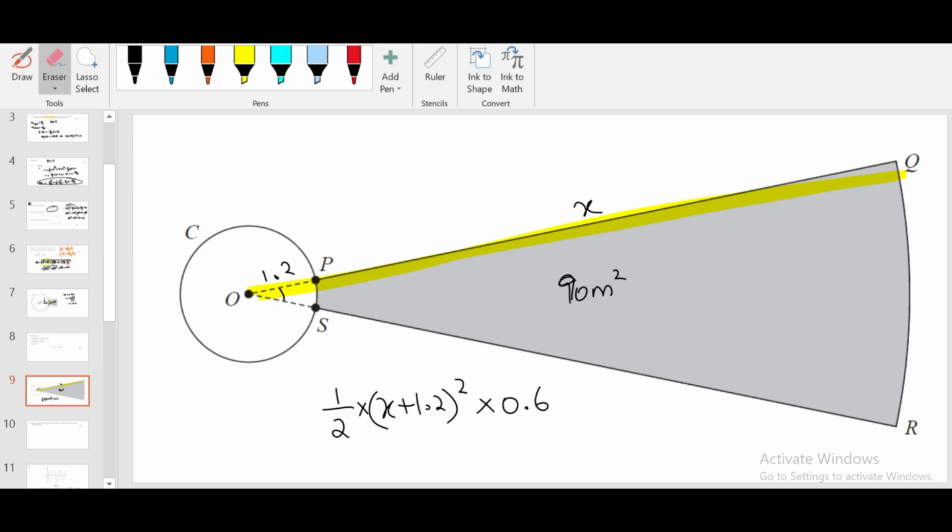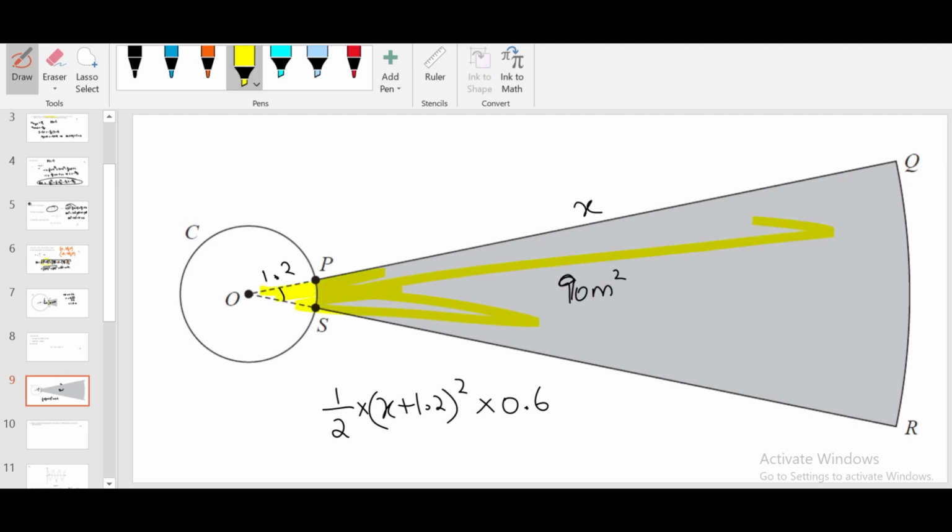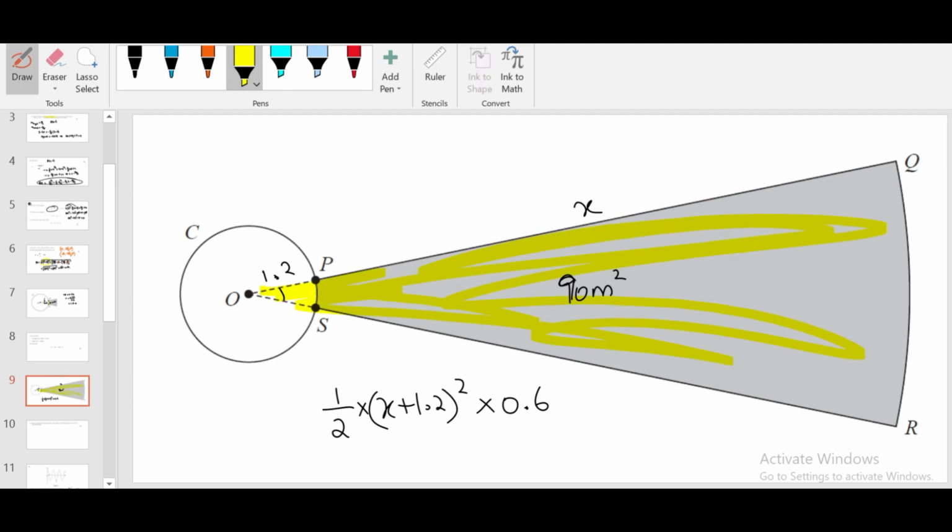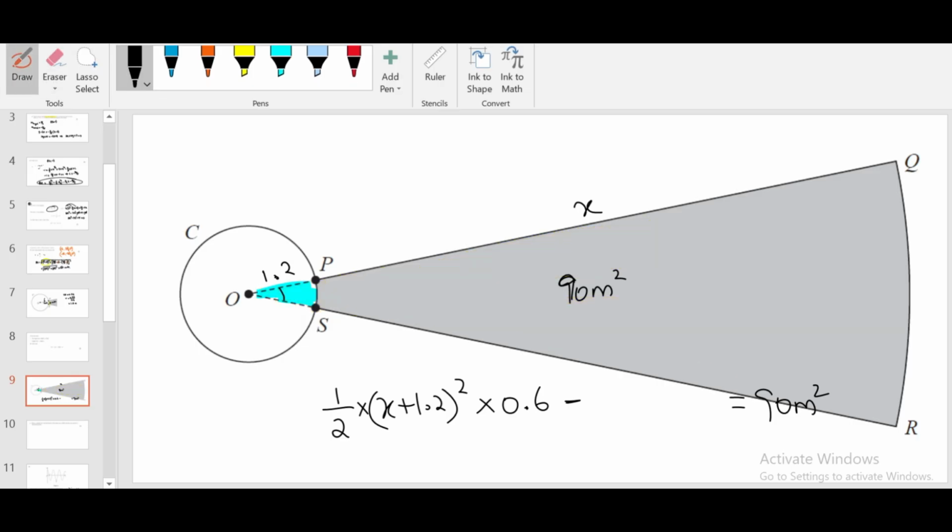That's the whole area, the shaded plus this little area. If you minus the area of the little sector, you will get 90 meter square. To find the shaded area, you take the bigger area minus the smaller area, and the smaller area is half r square times theta. If you open the bracket and simplify, you can frame the equation.